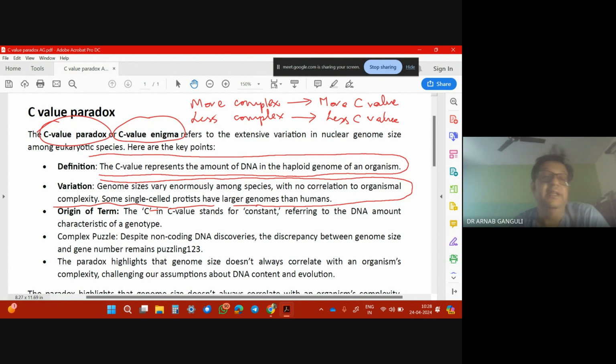However, this is not found throughout the genome, and this is very puzzling. So more complex, meaning we think that there is a greater number of genes, but this is not true in this case. And therefore it is a complex puzzle.